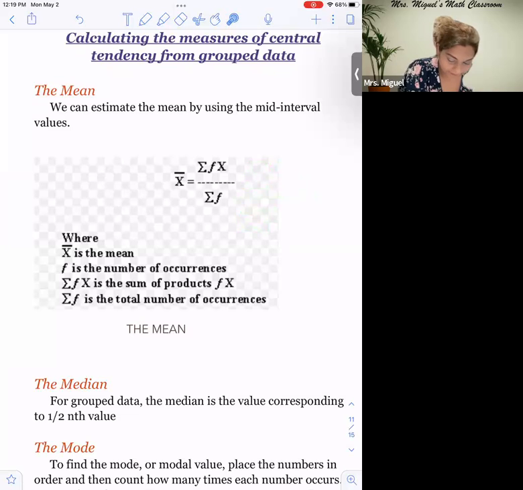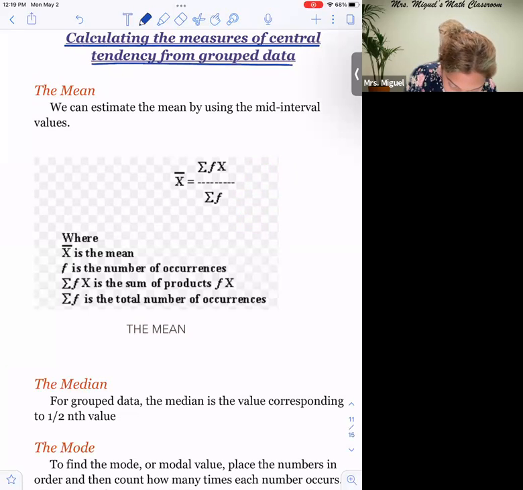We already did that. So write for me in your book, calculating the measures of central tendency from grouped data. That is important. Write the mean, take down this formula, and using the values that you got in the table, work out the mean for me.